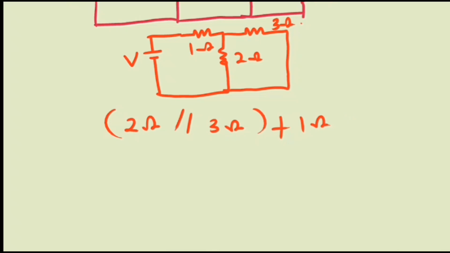But take note, it's very advisable to redraw your circuit at the end of every simplification. So let's see, we are going to have our 2 ohm and the 3 ohm simplified as 2 times 3 all over 2 plus 3, and this will give us 6 over 5, and that is 1.2 ohm.